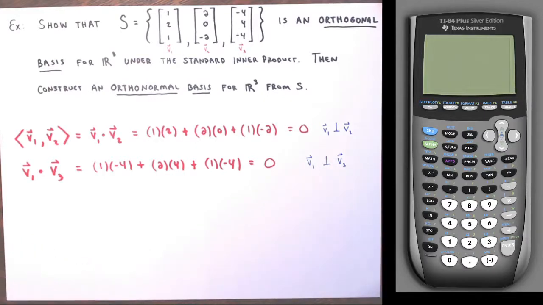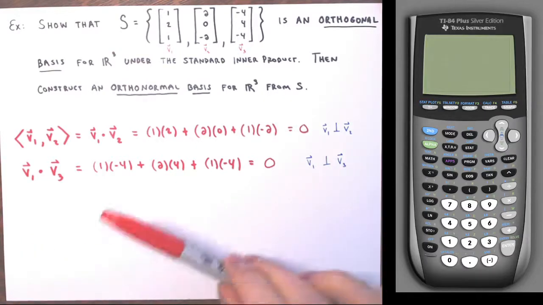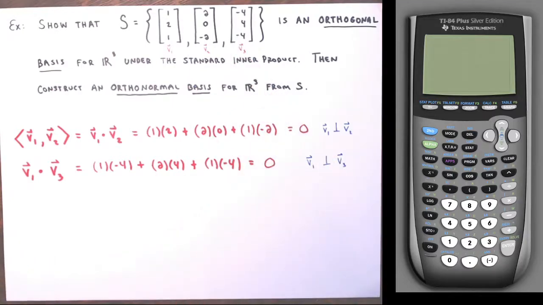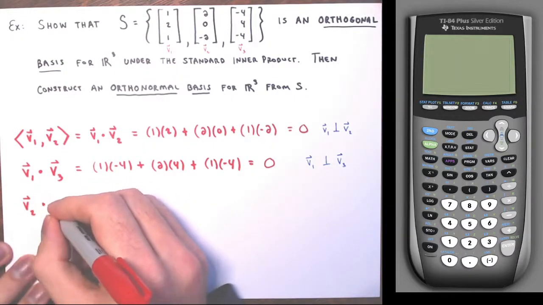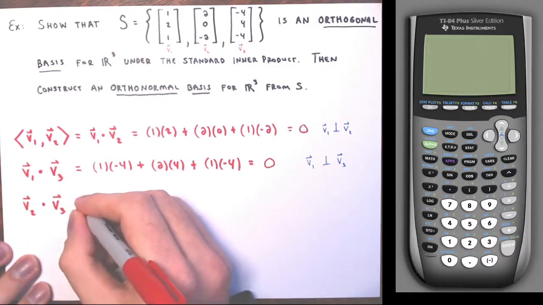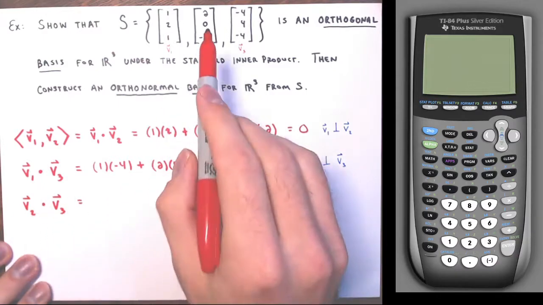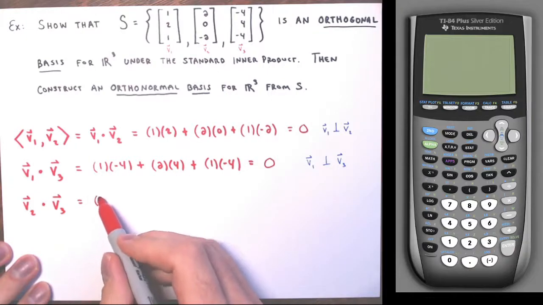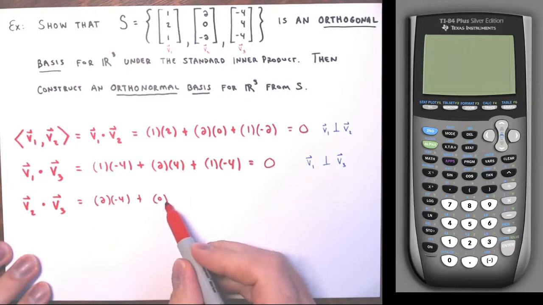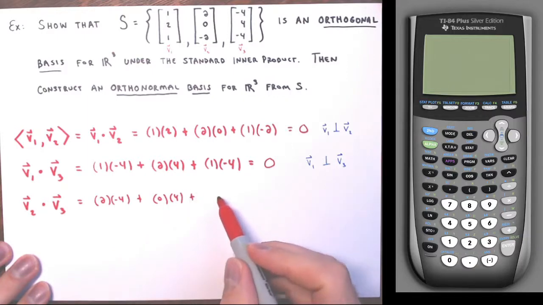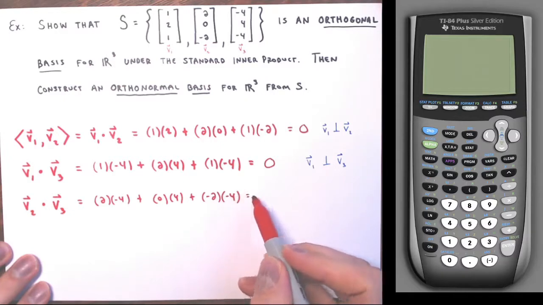But there's still one more pair to check, and that's v2 and v3. Of course, the larger the set of vectors, the more pairs you need to check. The inner product of v2 with v3 is 2 times -4, plus 0 times 4, plus -2 times -4.